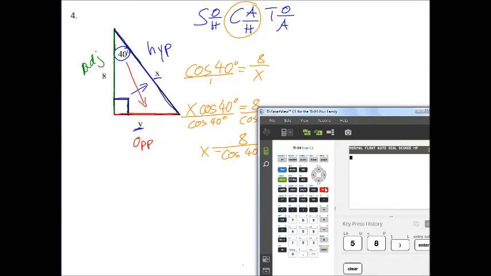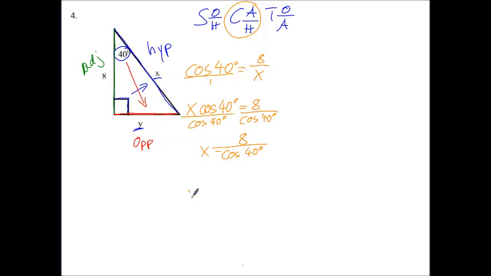Our calculator says that 8 divided by the cosine of 40 degrees is 10.44 and so on. Rounding to the tenth, x is approximately 10.4.